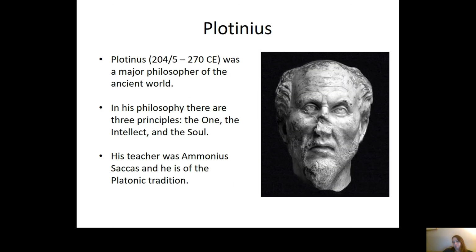So here you go. We know that Plotinus was involved in this kind of idea of the via negativa. Again, we don't know very much about him, but at the time he was a major philosopher. He had a philosophy of three principles: the one, the intellect, and the soul. His teacher was someone called Ammonius Saccas, and he came from the Platonic tradition, so traces his teaching back to Plato.